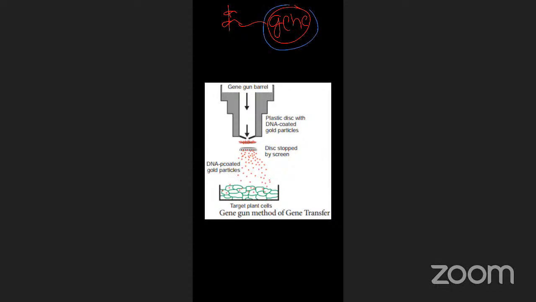The blue line is tungsten, and gold particles. Tungsten layer and gold.